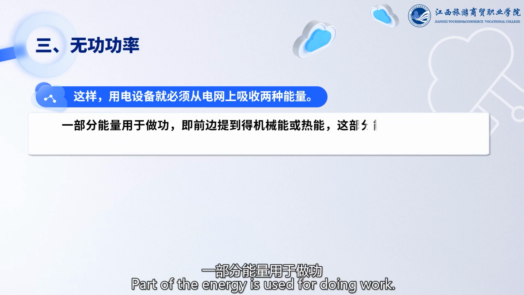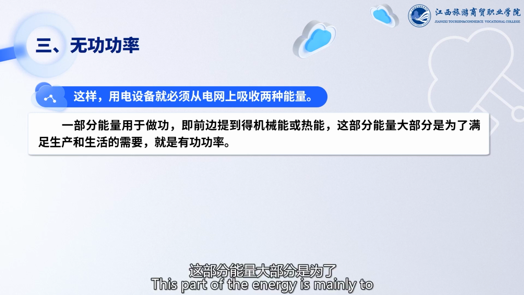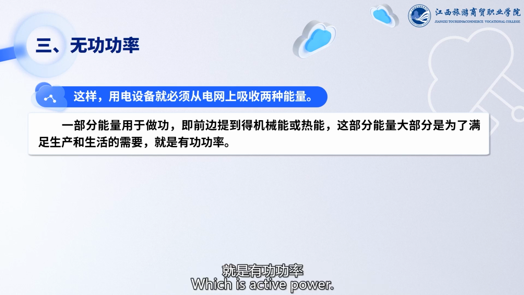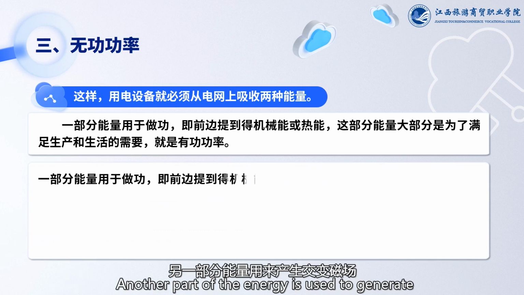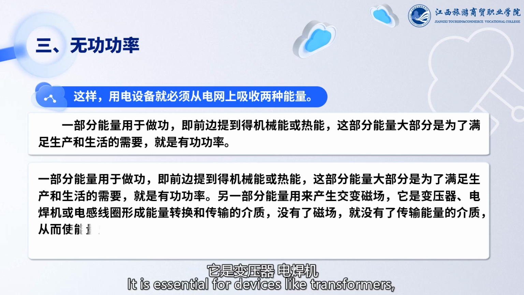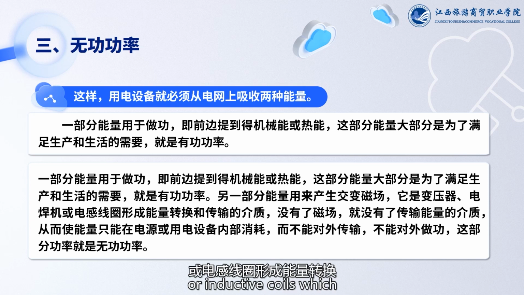Part of the energy is used for doing work, such as the mechanical or thermal energy mentioned earlier. This part of the energy is mainly to meet the needs of production and life, which is active power. Another part of the energy is used to generate an alternating magnetic field. It is essential for devices like transformers, welding machines, or inductive coils, which are involved in energy conversion and transmission.